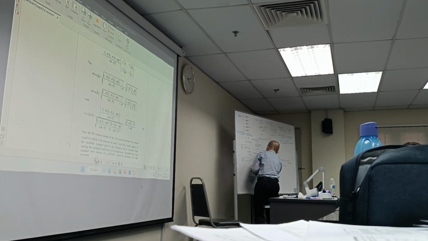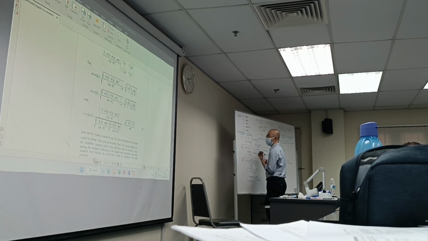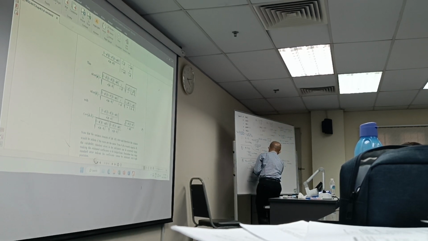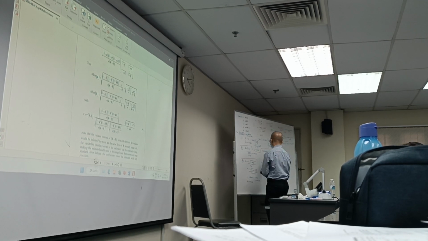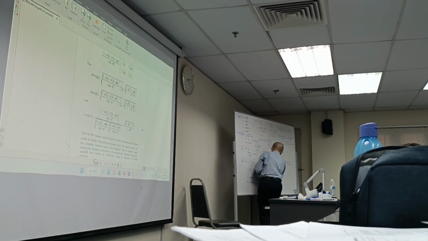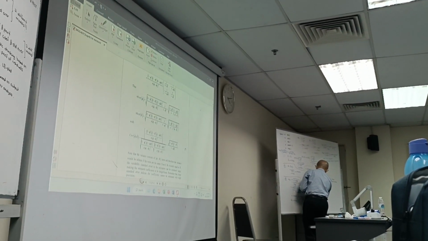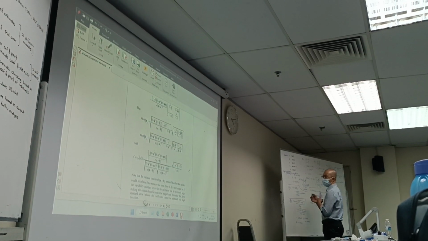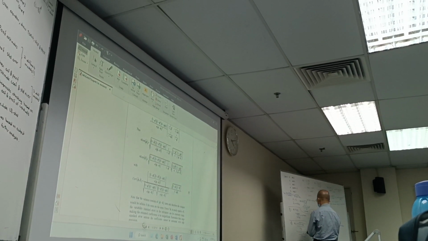Standard error of phi 1 is 1 minus phi 1 squared divided by n times 1 minus phi 1 theta 1 divided by phi 1 minus theta 1, squared.